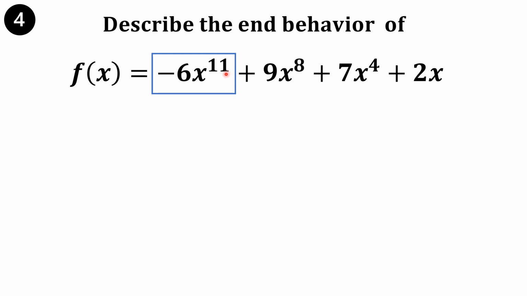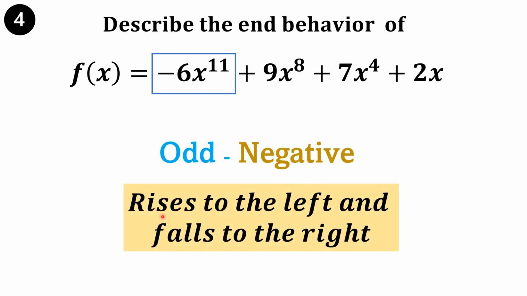The degree is 11, it's odd, and the leading coefficient is negative 6, which is negative. So it's an odd negative. Therefore, the end behavior rises to the left and falls to the right.